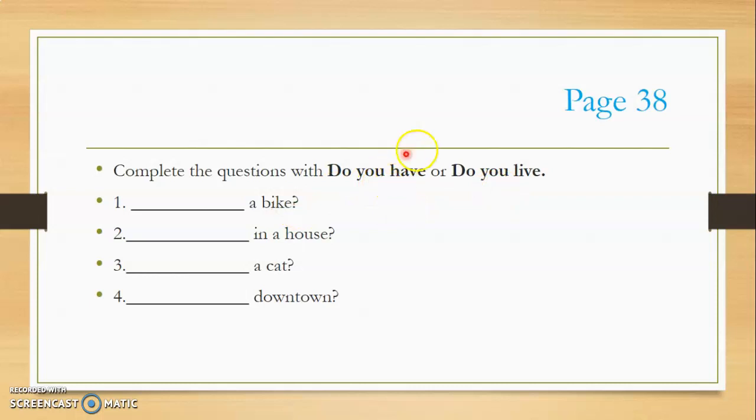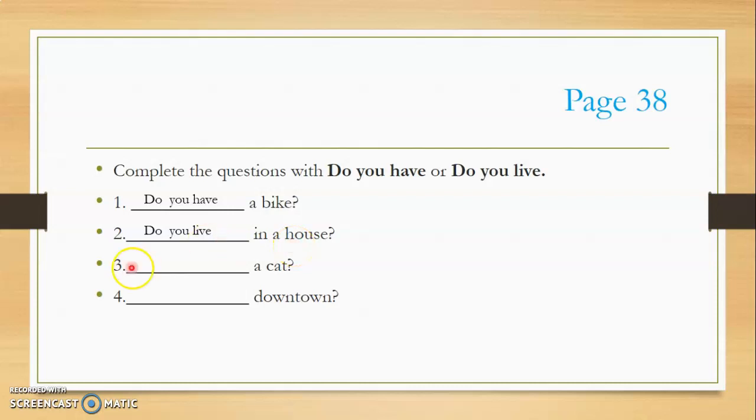Do you have or do you live? Repeat after me, okay? A bike. I think that is do you have, okay? So it is do you have a bike? Do you have a bike? Very good. Number 2, in a house. Do you live in a house? Do you live in a house? Good.